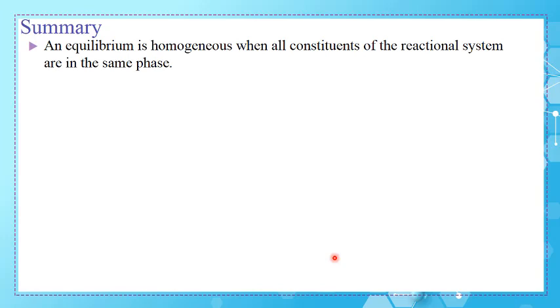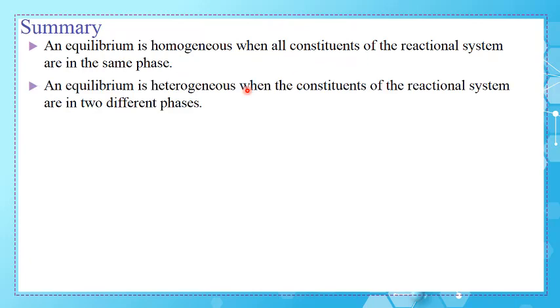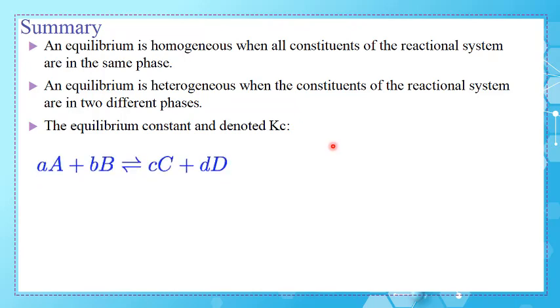Now let's summarize what we have seen so far. We said that the equilibrium is homogeneous when all constituents of the reactional system are in the same phase. An equilibrium is heterogeneous when the constituents of the reactional system are in 2 different phases, or in many, not necessarily 2, but it's okay. The equilibrium constant is denoted by Kc.